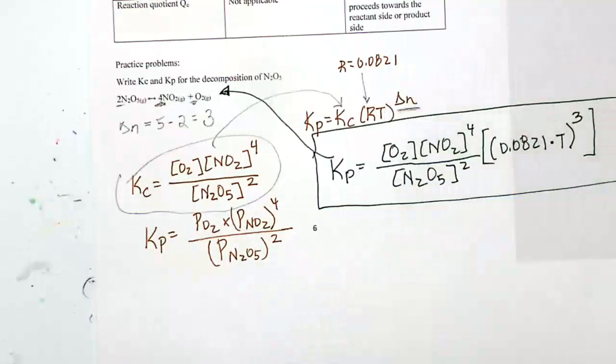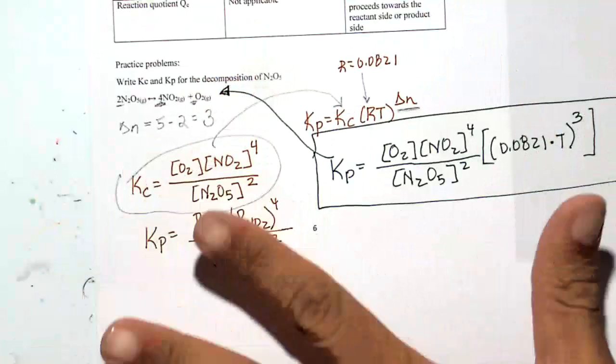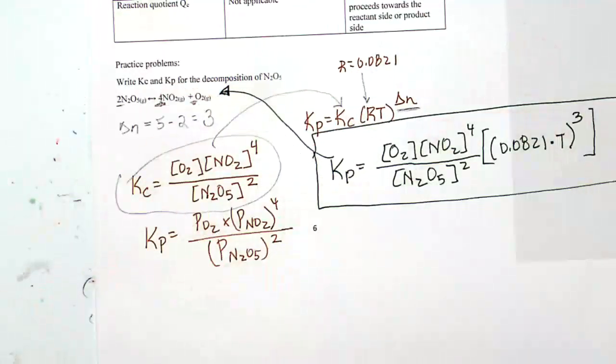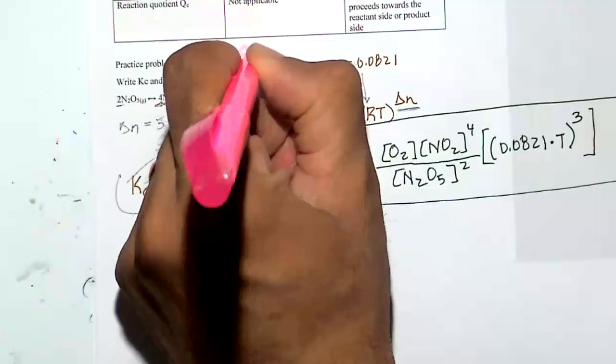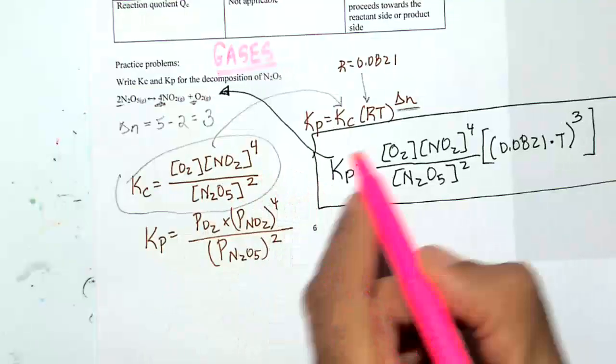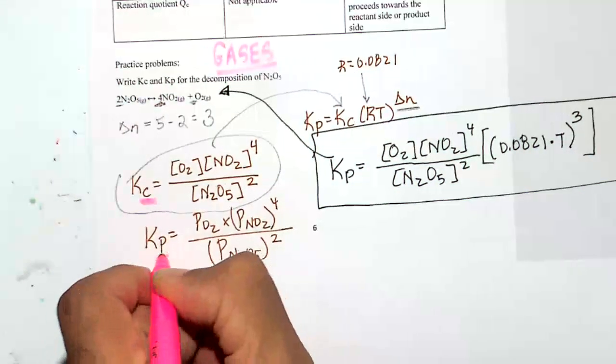I'll give you this equation on the quiz or on the exam. You will not get something like this on the test, but the idea is that you can interconvert between one and the other if you're dealing with gases. You can go between gases expressed in terms of concentration or in terms of pressure.